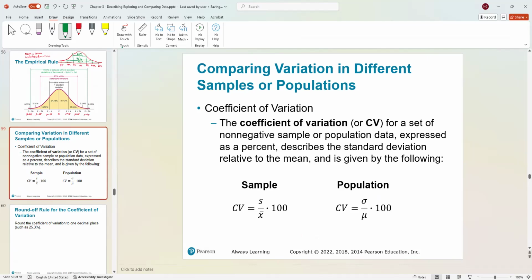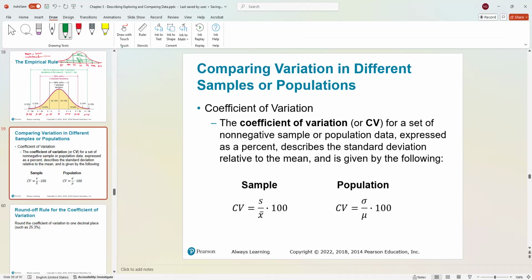That's something we don't really talk about. It helps us compare variation in different sets of data. We can use standard deviation when the data sets use the same units of measure and have means that are about the same. As we said, for data sets with different units of measure or different means, we use the coefficient of variation.